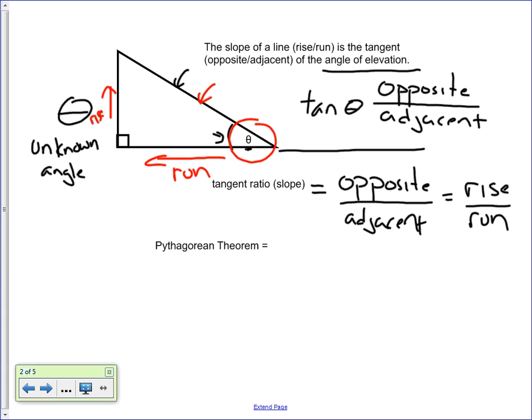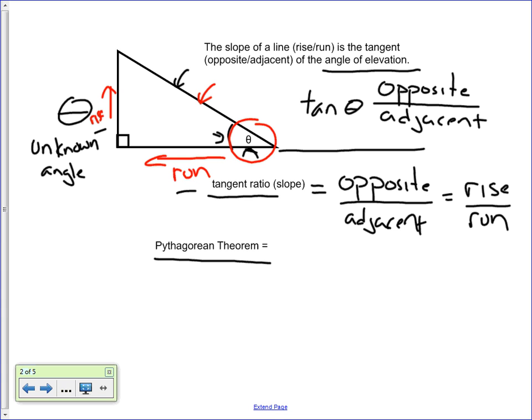Now, the tangent ratio is really just another way to say slope, and another way that we can calculate slope. So if I'm given the slope of an object, I can calculate the angle of elevation of that. And on the other hand, if I'm just given the angle, I can figure out these sides. As long as I'm given one of those sides, I can figure out what the other one is, doing a little bit of algebra.